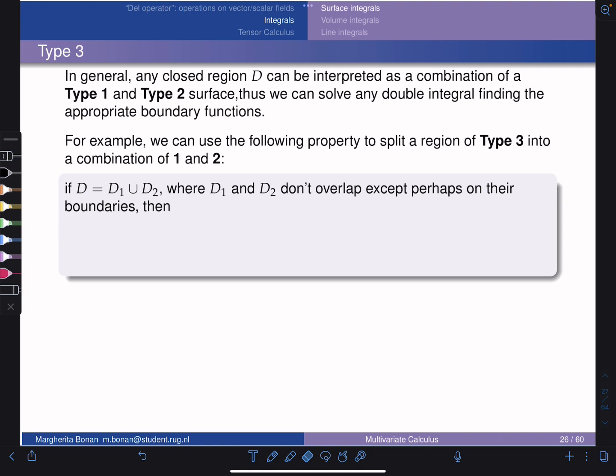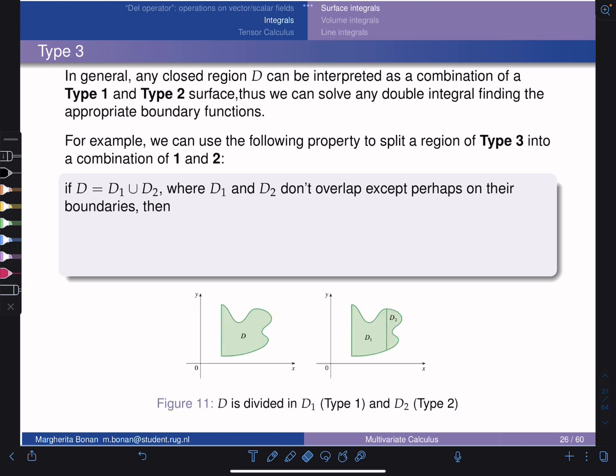So if D is a region that is the union of D1 of type 1 and D2 of type 2 that don't overlap except in the boundaries, in this way, for example, then the double integral on D of the function is equal to the double integral on D1 plus the double integral on D2.